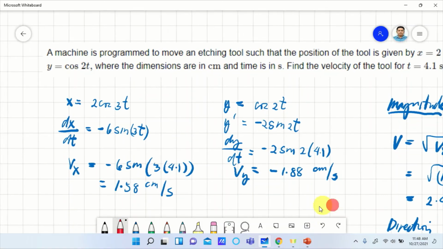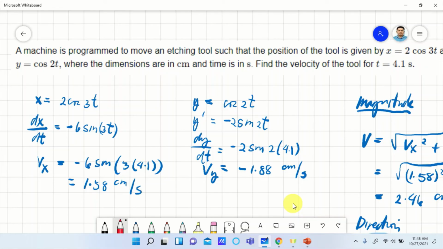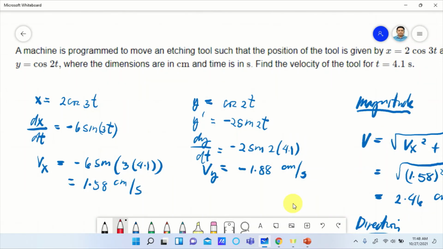Now if we want to find the velocity of the tool along the vertical axis, you have y is equal to cosine of 2t. The one we solved a while ago is along the horizontal axis. So along the vertical axis, y is equal to cosine 2t, so y prime is equal to negative 2 sine of 2t.